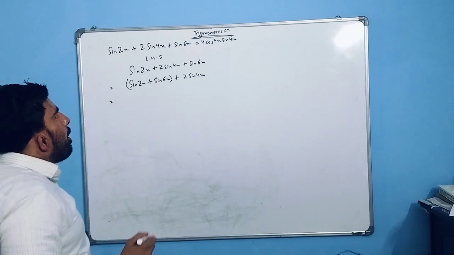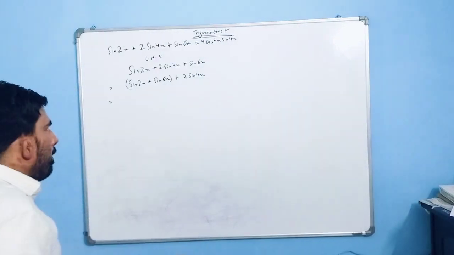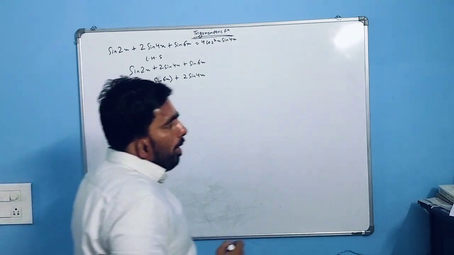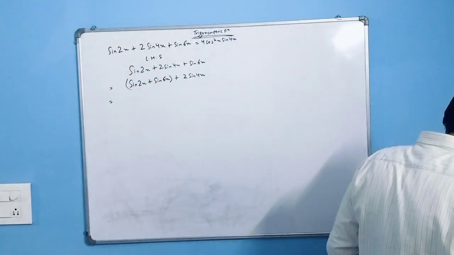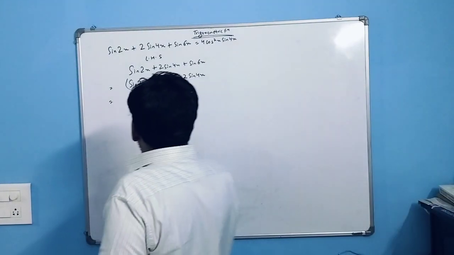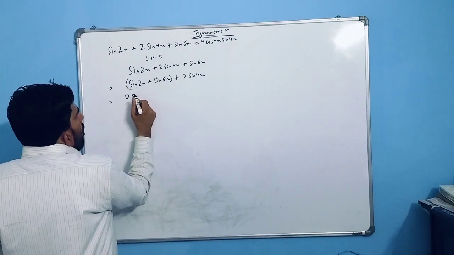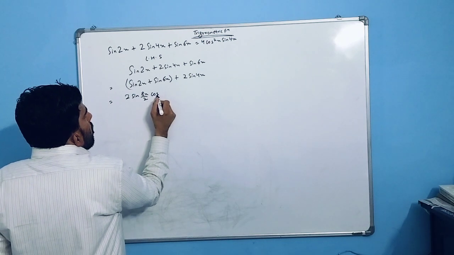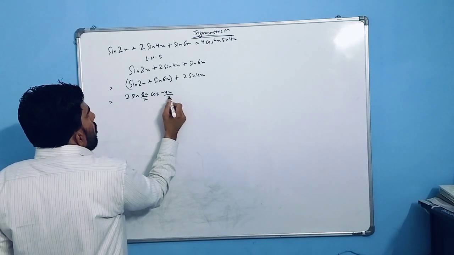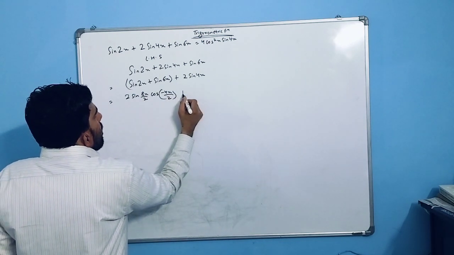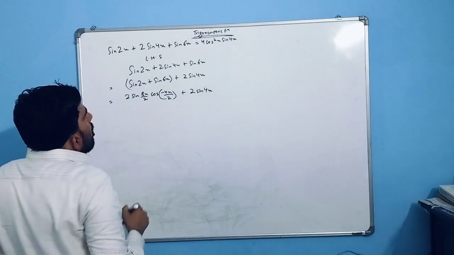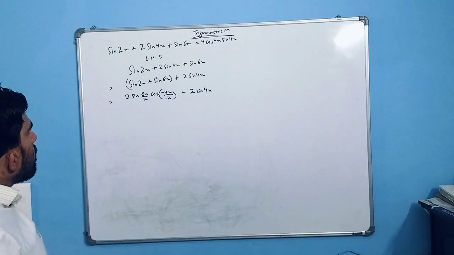Now we can apply the formula for sin x plus sin y, which is 2 sin (x plus y)/2 cos (x minus y)/2. Plus we have 2 sin 4x. Now we have this.